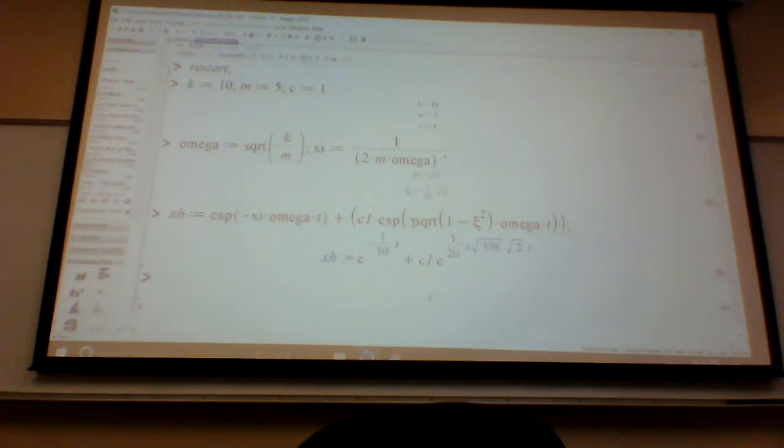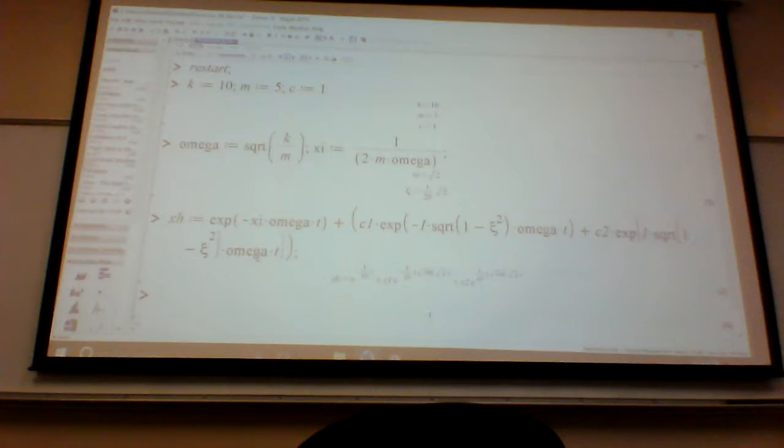So capital I. Plus C2. I made a mistake here. No, it should be the minus on the first one. Yeah, it should be minus I. So one should be the positive I. I will introduce it. Okay, I'll make it bigger later on.